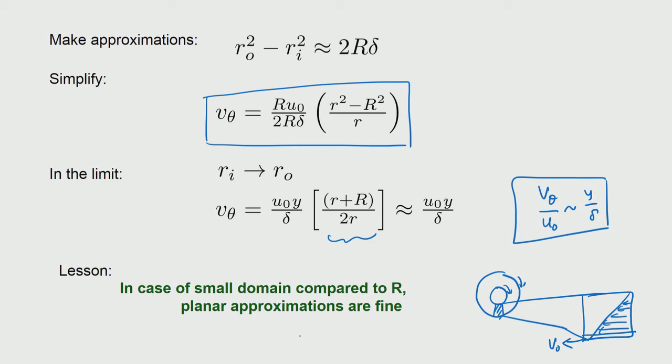Which means that in a situation where you have got a very small gap between the two cylinders compared to the diameter of either inner or the outer cylinder, then the cylindrical problem can be reduced to a planar problem. Okay. So, for small gaps this is applicable.